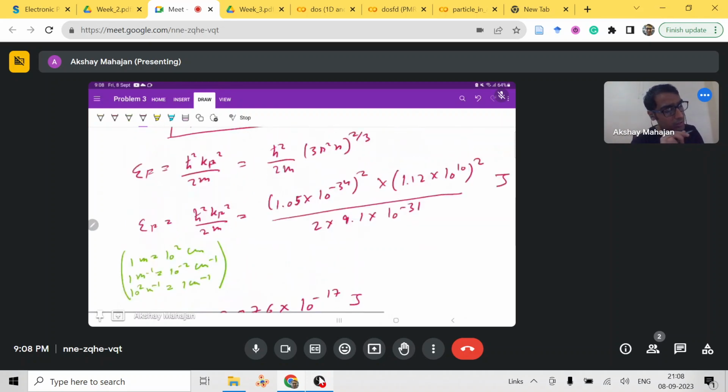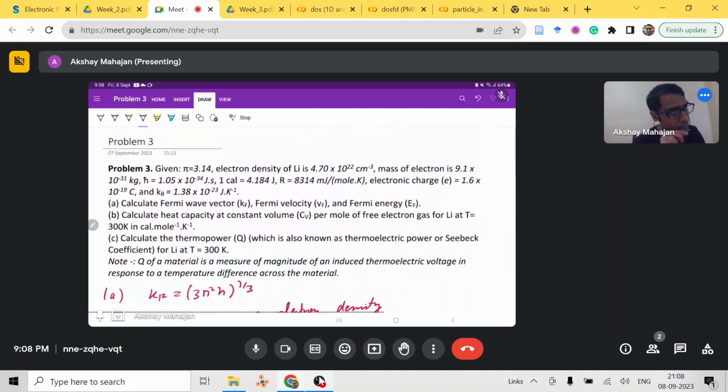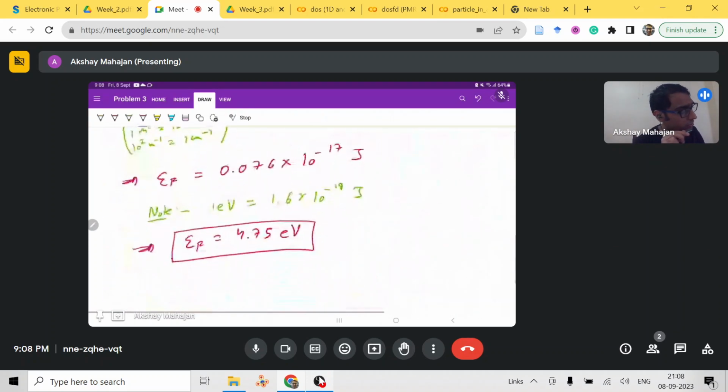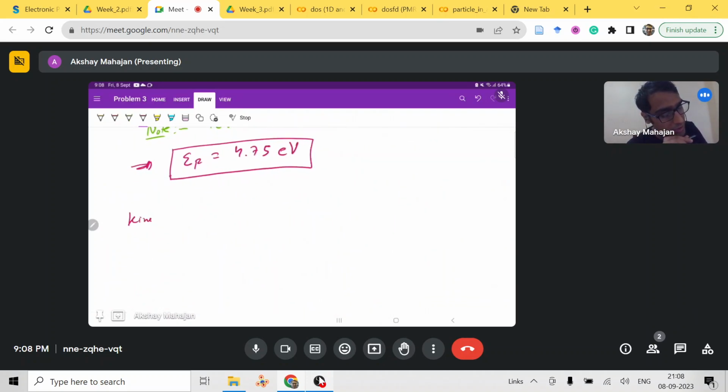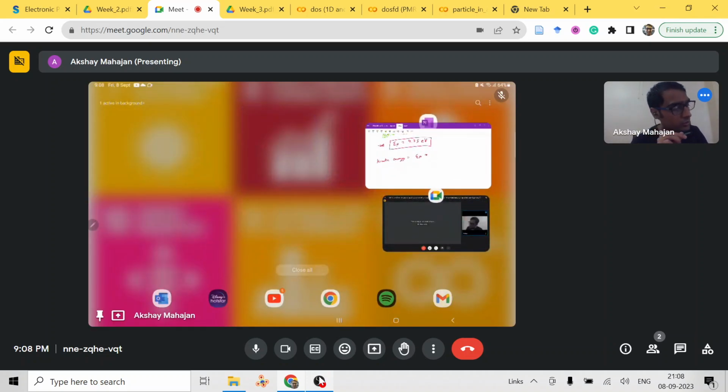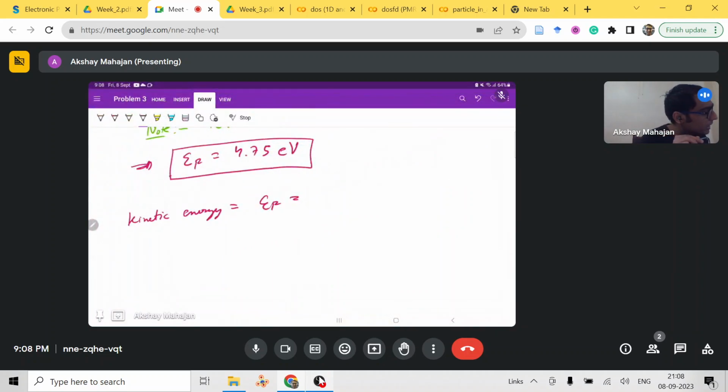Alright, and the part we left is the Fermi velocity. Now, Fermi velocity, because we know that the kinetic energy is given by epsilon F in this case for a particle in a box, because there is no potential energy. So that is given by half m vF square. This is how we define the Fermi velocity.